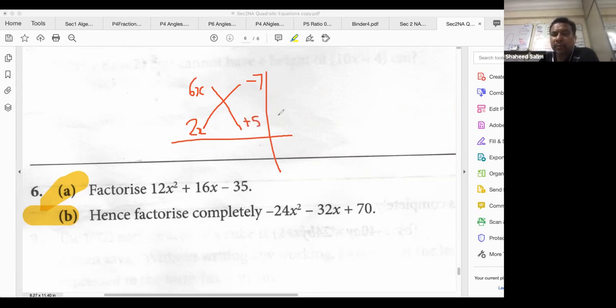This one, 6 times 5, 30x. 2 times 7, minus 14x. Can you see? 30 minus 14x is 16x. Congratulations, you've gotten it. 16x.